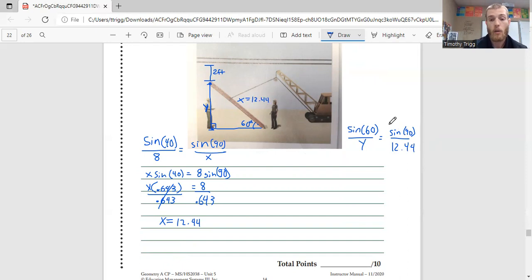We're going to cross multiply, but remember, sine of 90 is just 1. So y times 1 is just y equals sine of 60 times 12.44. So 12.44 sine of 60.